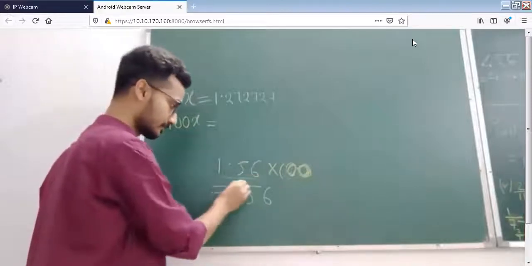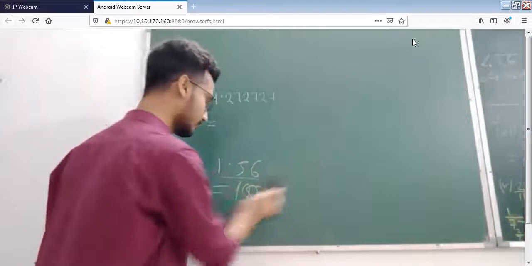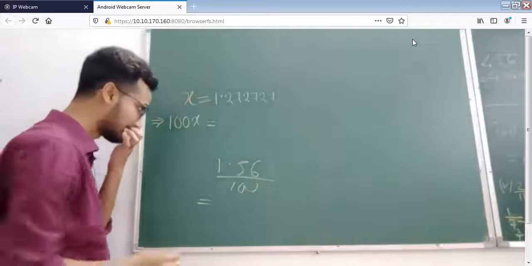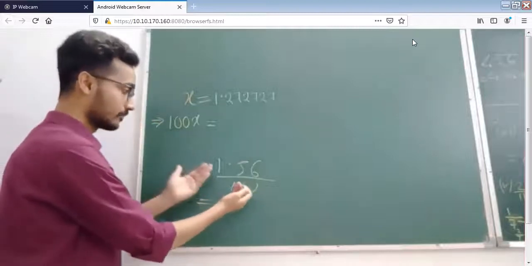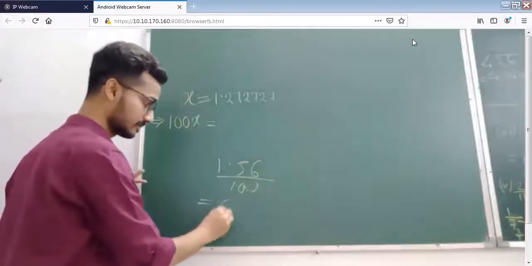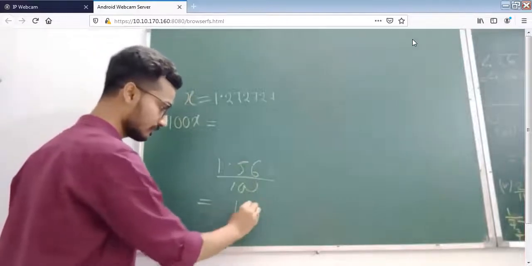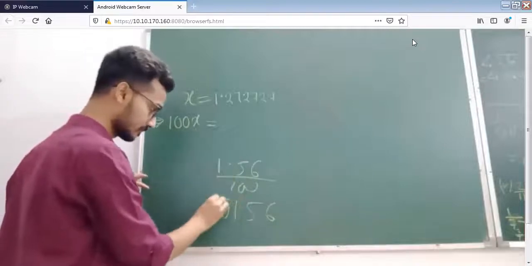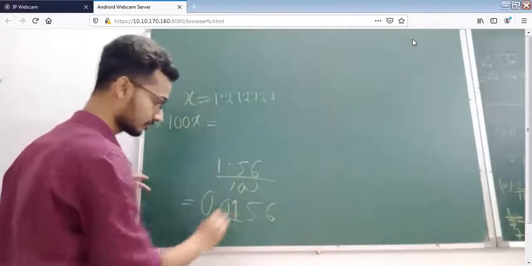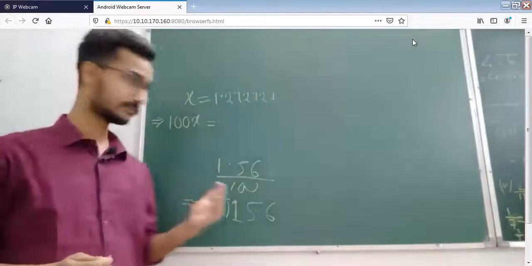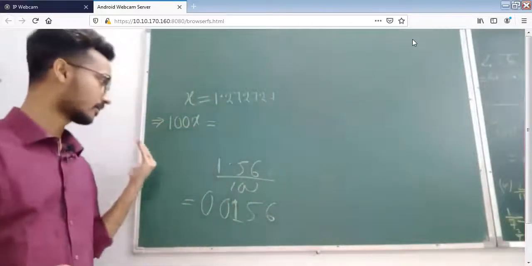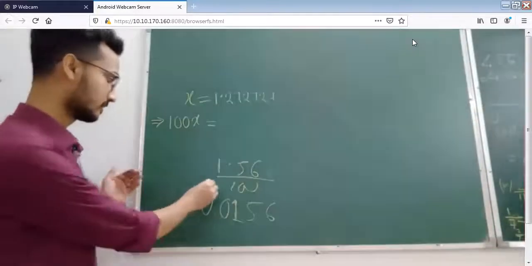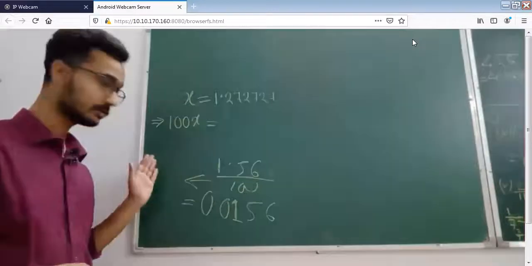And when you divide by 100, the decimal will go before two digits. So 156 becomes 1.56; if divided by 100 again, it will be 0.01 and so on. This thing you know. When you divide, the decimal will go to the left hand side.